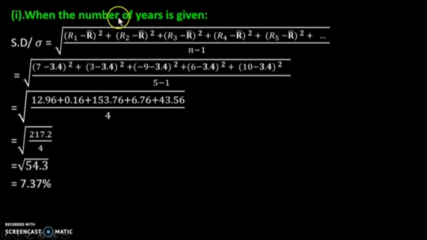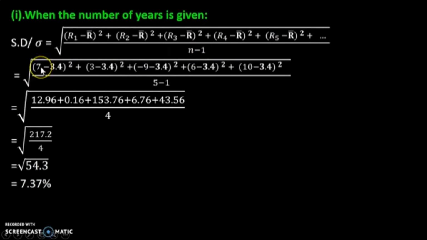Now we calculate the standard deviation using the number-of-years formula. Standard deviation equals root over (R1 minus R bar) whole square plus (R2 minus R bar) whole square plus (R3 minus R bar) whole square plus (R4 minus R bar) whole square plus (R5 minus R bar) whole square, divided by n minus 1.